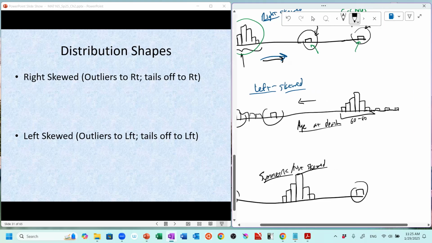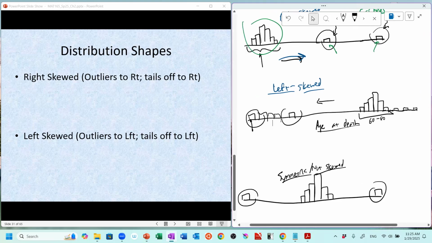Now, a little side note, if you get so many outliers in an area that it makes up its own population, their own subpopulation, well, it's no longer a set of outliers, right? Now it's kind of bimodal. So there's this kind of fine line that we can have outliers on one side or the other, but we can't have too many outliers or they kind of cease to be outliers if we have a bunch of outliers in an area.